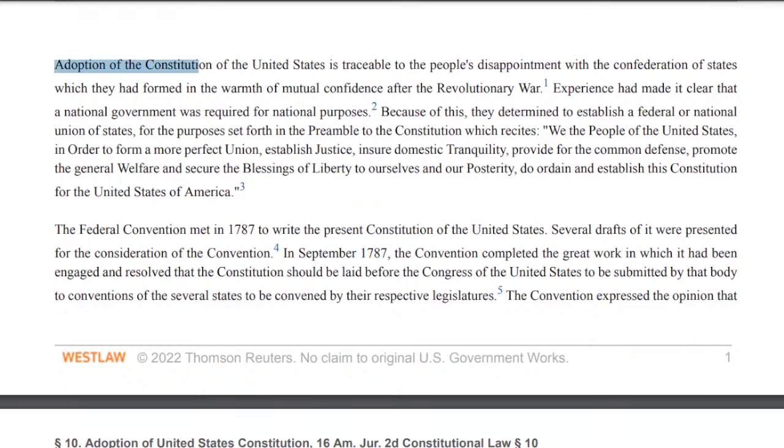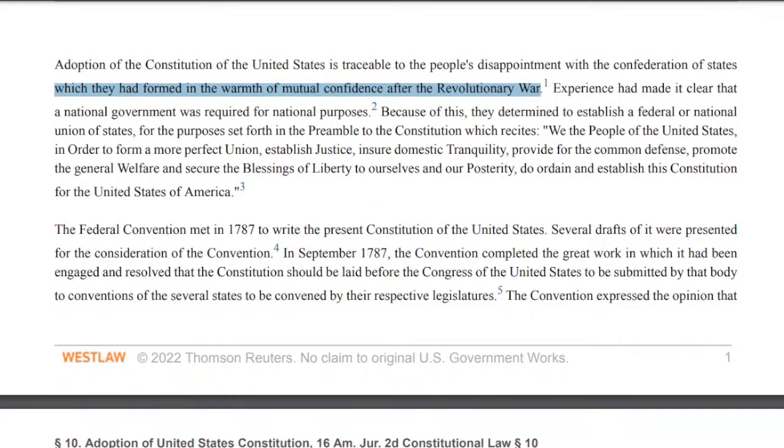So the adoption of the Constitution of the United States is traceable to the people's disappointment with the Confederation of States, which they had formed in the warmth of mutual confidence after the Revolutionary War. Amazing, huh?